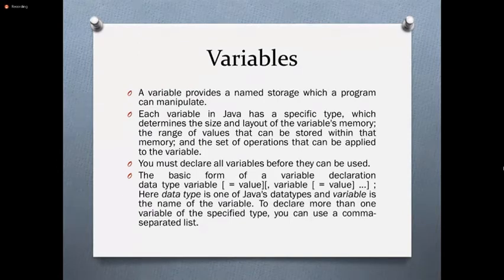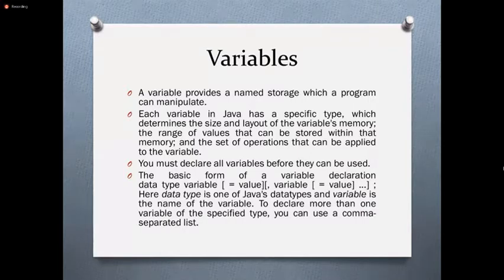In each and every language we come across the term variable. A variable provides named storage which a program can manipulate. In the Java language, a variable has a specific type. It determines the size and layout of the variable's memory, the range of values which can be stored within that memory, and the set of operations that can be applied to the variable.